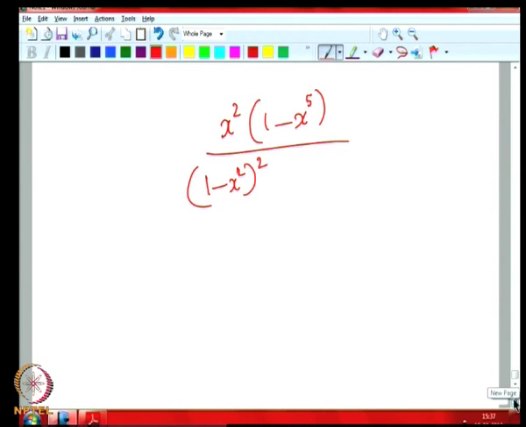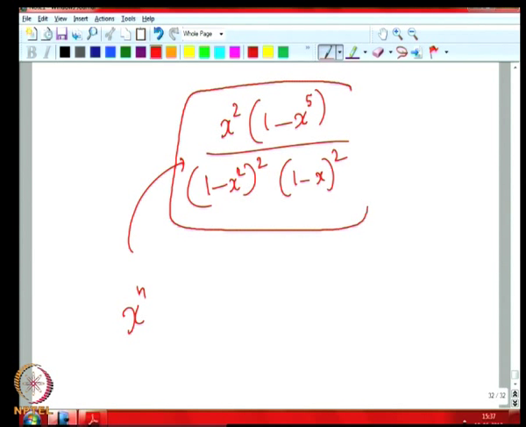Now, if you want to find the coefficient of x raised to n in this thing, how will I go about doing this? Usually, if you want to get the final answer, we have to really find out the coefficient of x raised to n in this kind of expression, right.